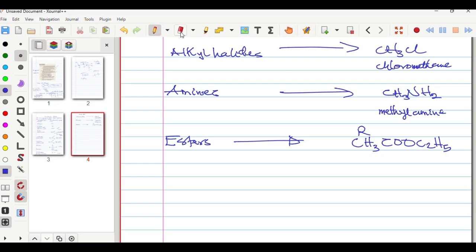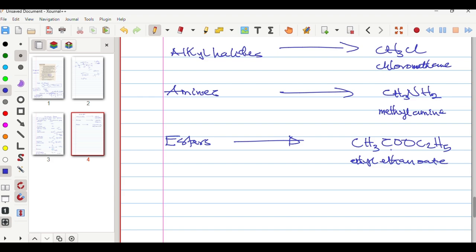So I will remove this R. One side is CH3, the other side is C2H5. For you to name this, we'll talk about naming as Masonic naming. But for now, this is ethyl ethanoate. This is ethyl ethanoate.